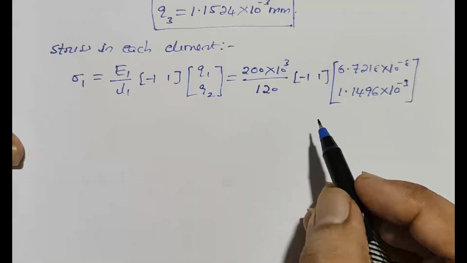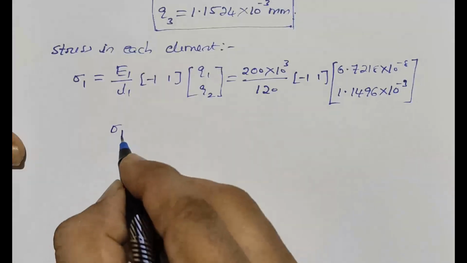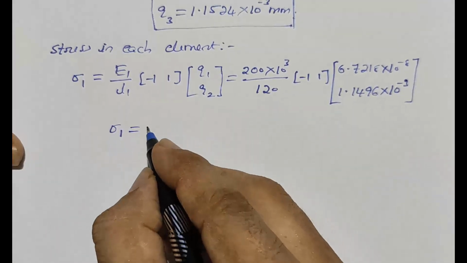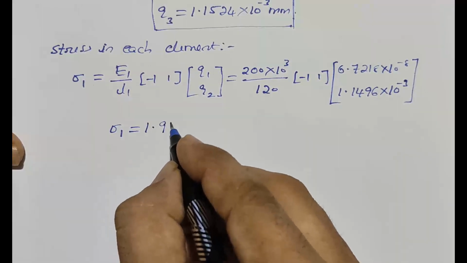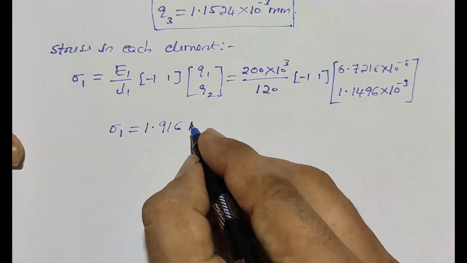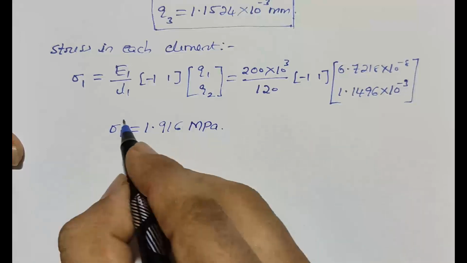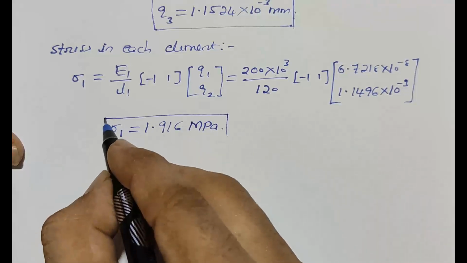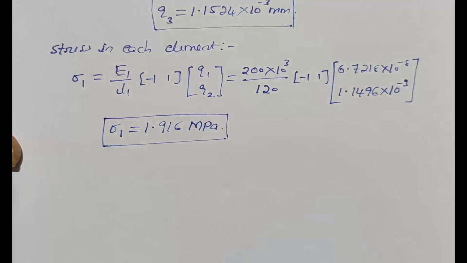If you simplify this, you will get sigma 1 is equal to 1.916 megapascal or Newton per mm square. This is stress in element number 1.